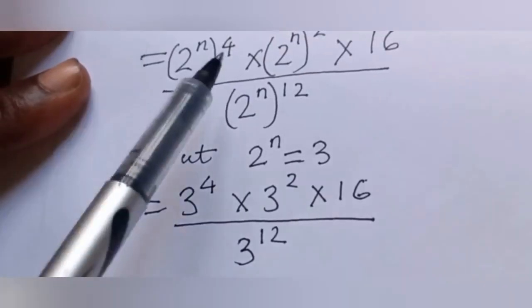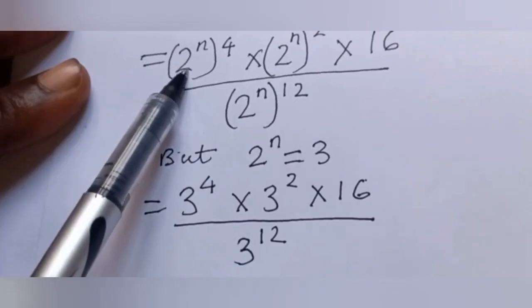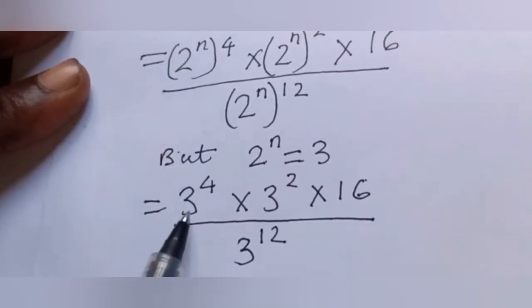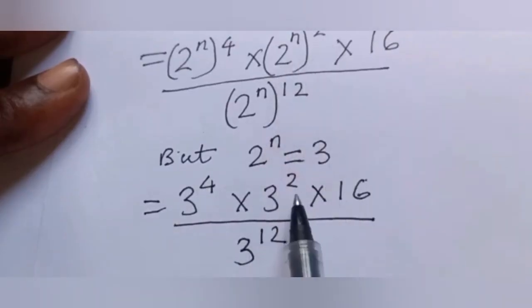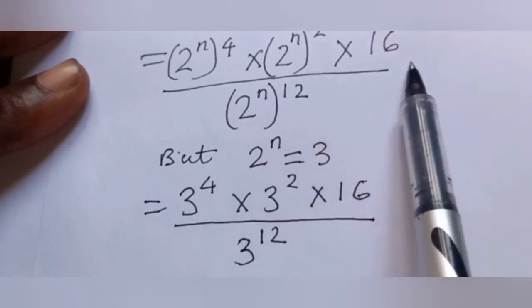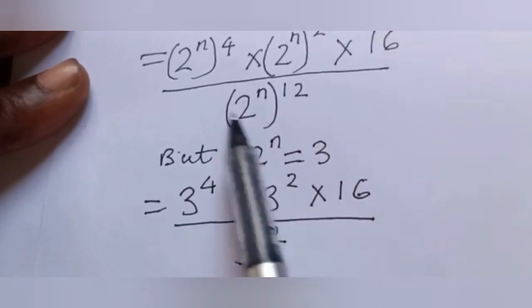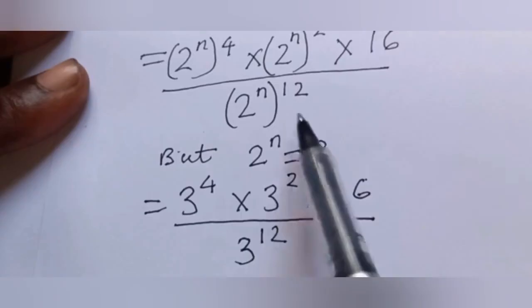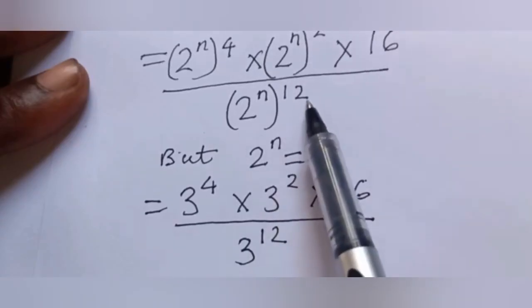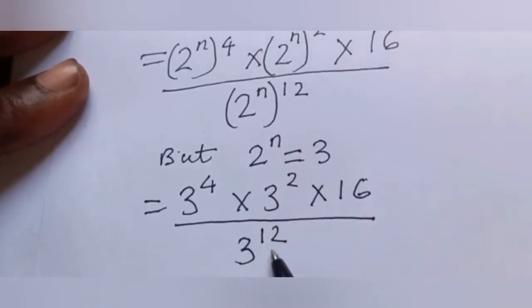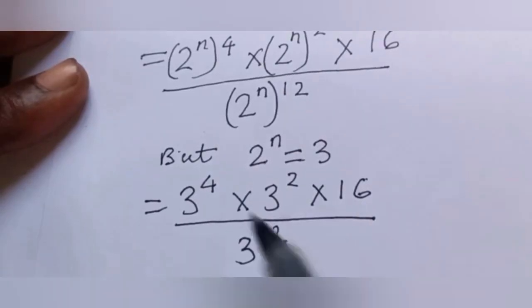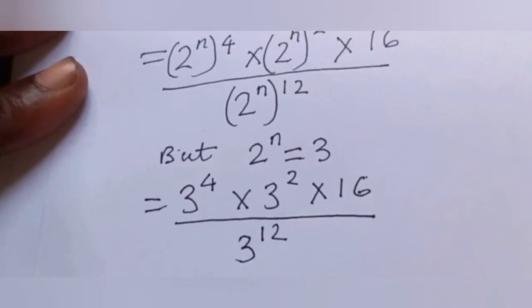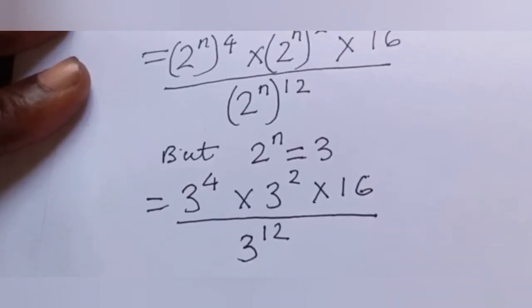As you can see, instead of writing 2 power n, we have written 3 power 4. Here, 3 power n power 2, we have written 3 power 2 times 16 over. Here, we have written 3, and here we have 12 as the exponent. Again here, we can apply the product rule of the exponents.